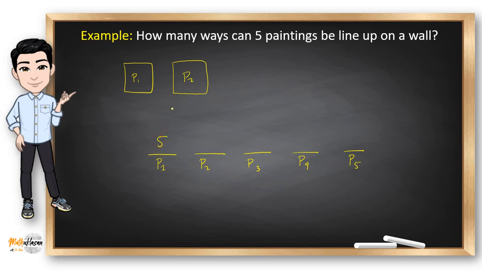But if say painting one will be placed on this first location, then we only have 4 in the next, 3 here, and then 2, and then 1 option here. Okay, so it's like subtracting 1 for each of these events. So multiply this one, 5 times 4 times 3 times 2 times 1. So this is similar to the previous example, and this is equal to 120 ways. So we have 120 ways to arrange this.